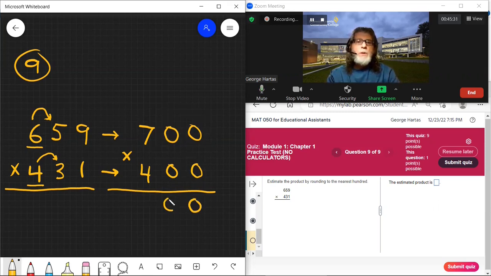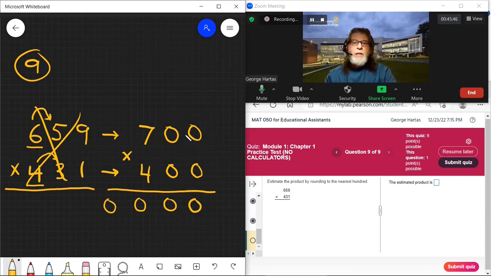1, 2, 3, 4. I'm running out of space here, so don't get confused with this. These 4 zeros are these 4 zeros. We can do that because 0 times anything is 0. All you have to do now is multiply the non-zero digits. So 4 times 7 is 28, and you put that right on the same row.